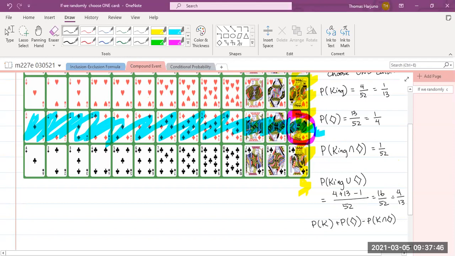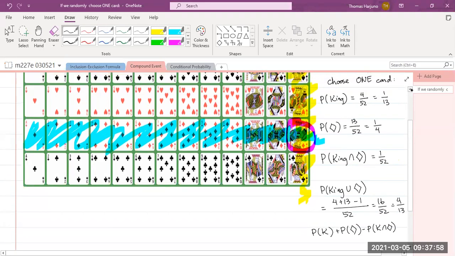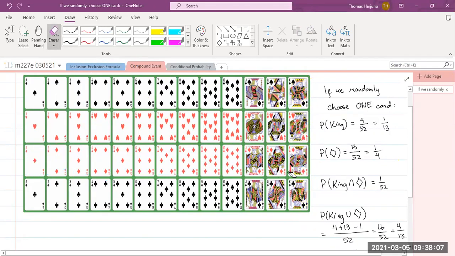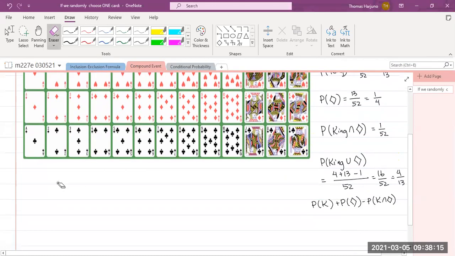I try to sneak in the concept first before I use the formula, because if we start with formulas first, sometimes we don't know how the formula comes up with that. I also believe that most of you are pretty good with your intuition. Now, compound event, however, is for such a situation.